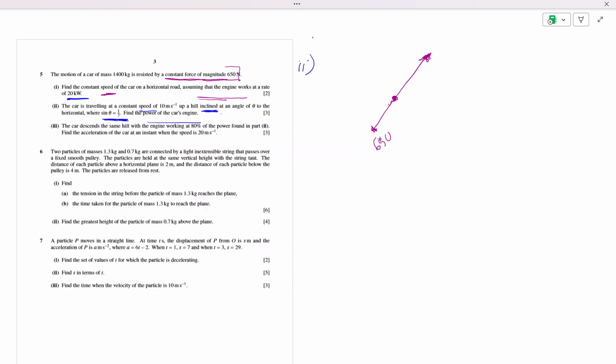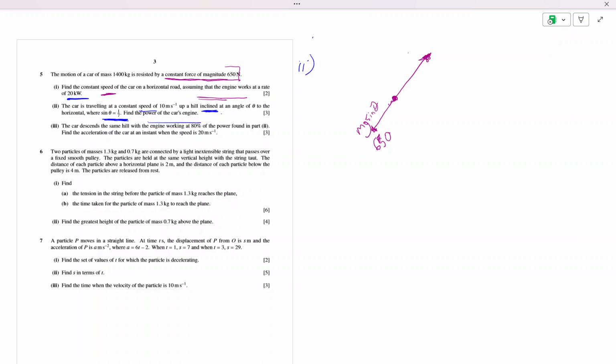This could include the friction, the air resistance, and all those other frictional forces. And then we're also going to have mg sine theta, which is the component of the weight acting parallel to the incline.